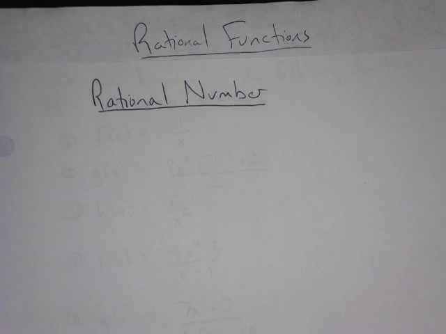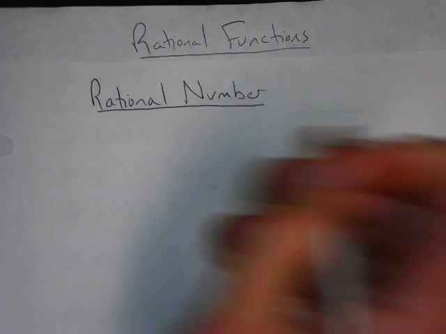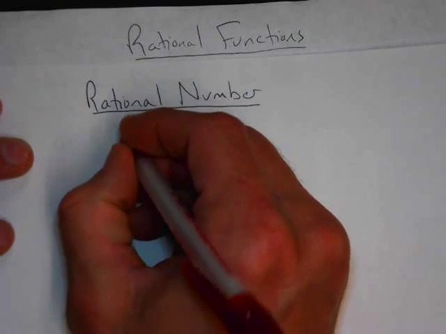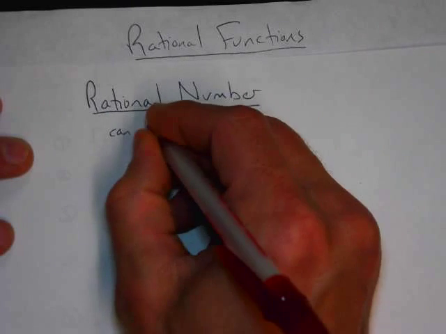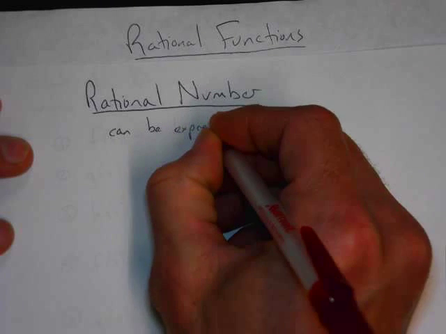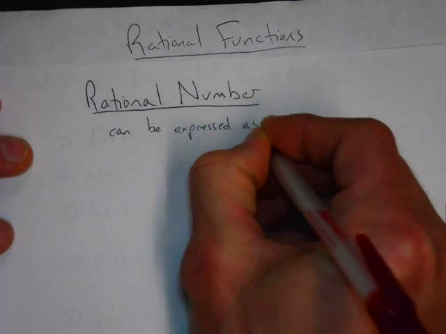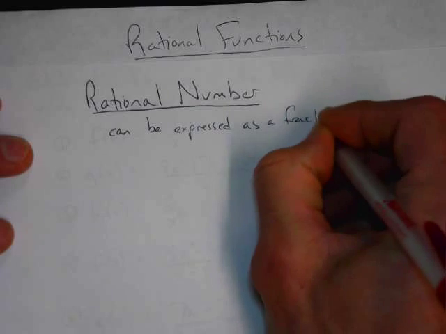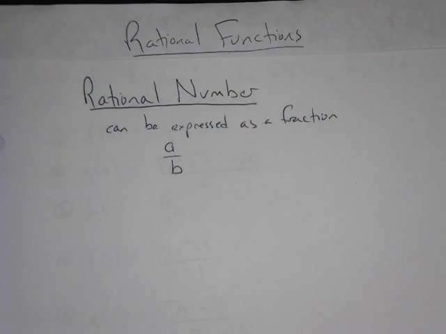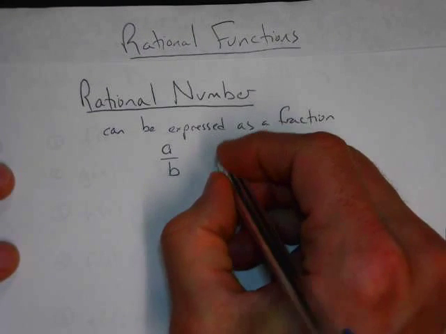And if you recall from all sorts of history of math, you've seen this before, I hope, it is any number that can be expressed as a fraction. Okay, so if it can be expressed as a fraction, it is a rational number. It takes the form of, we normally call it A over B, where B is not 0.